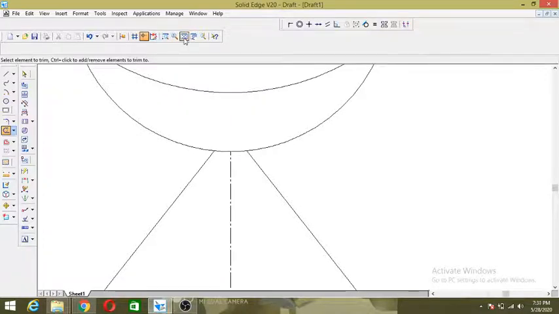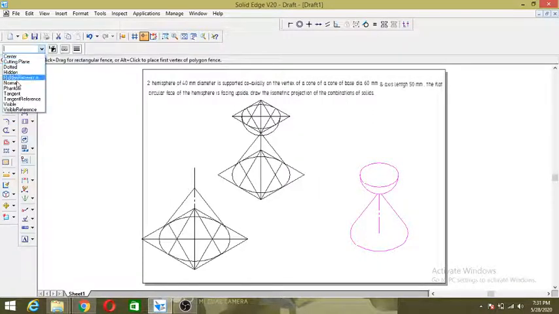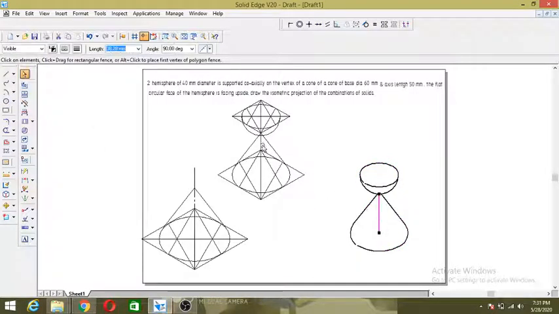Then make this one visible. This is not a visible line, this is a center line. This completes problem number 2.